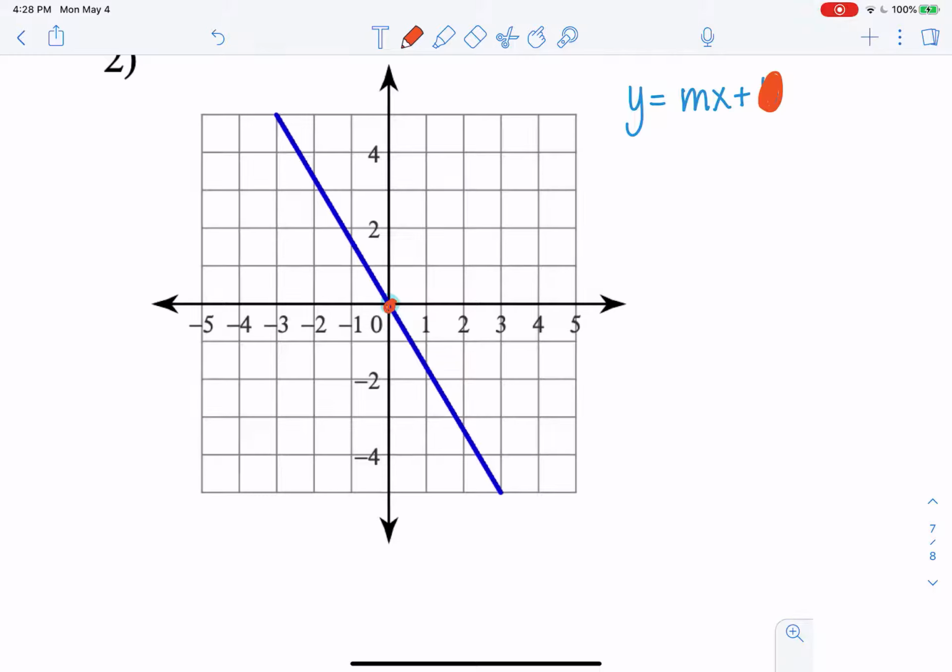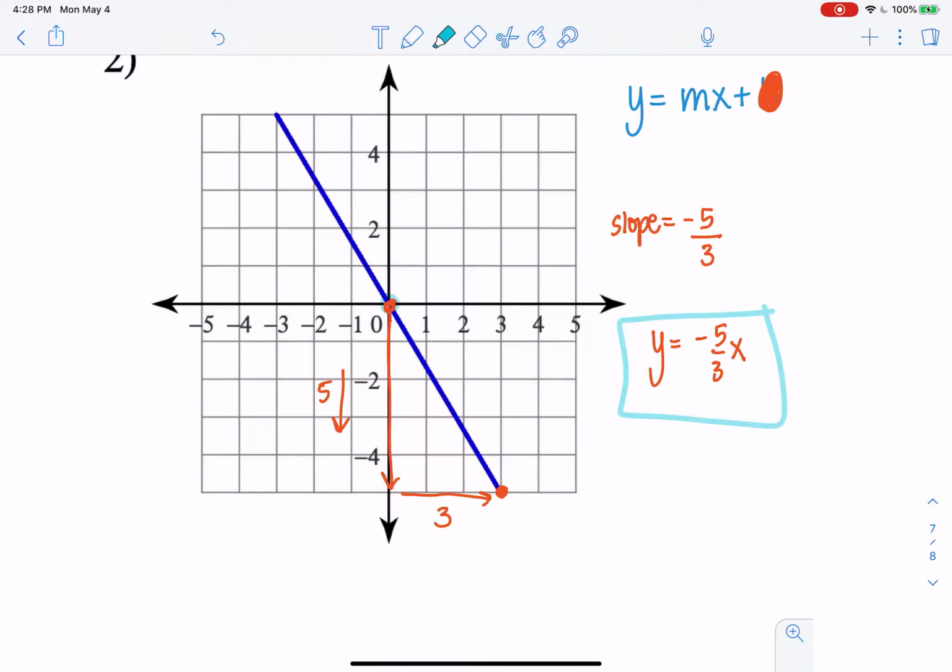So from this point, we want to find another point on the graph. Oh, this is one. Okay, so we're going to go down 5, and then to the right 3. So if it's down 5, that means it's negative 5 over 3. So our equation of this line is going to be y equals -5/3 x plus 0. You can add the plus 0, or you can just leave it blank. Either way is fine, but this is our equation of our line.